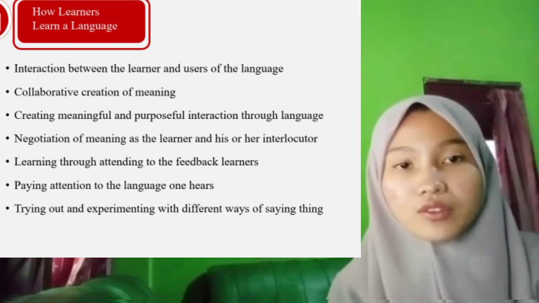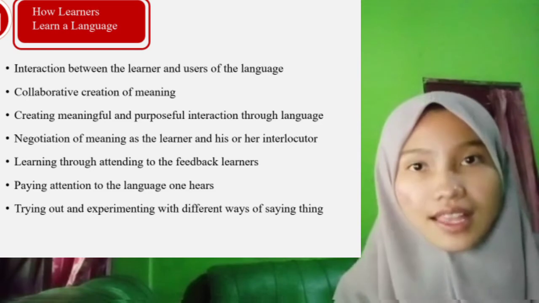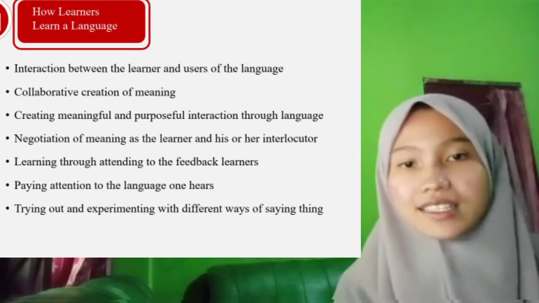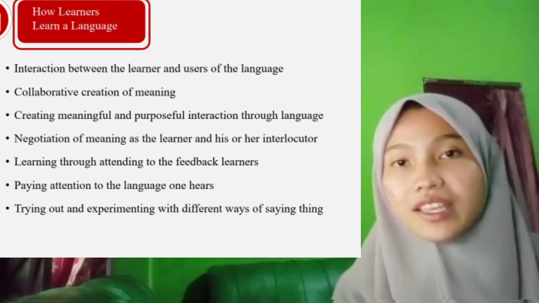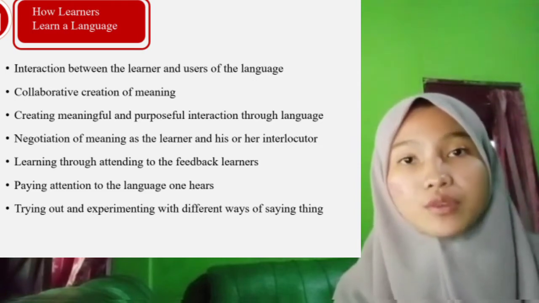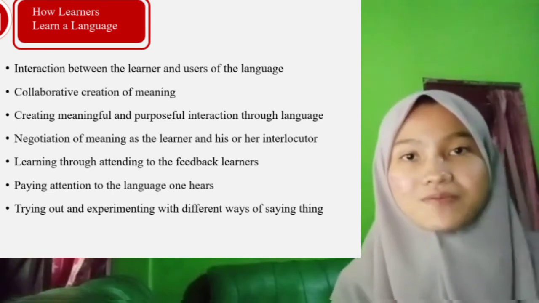In this way, we are trying to incorporate new forms into one's developing communicative competence. And then the last one, but not least, is trying out and experimenting with different ways of saying things. So we have to practice using the words of that language.